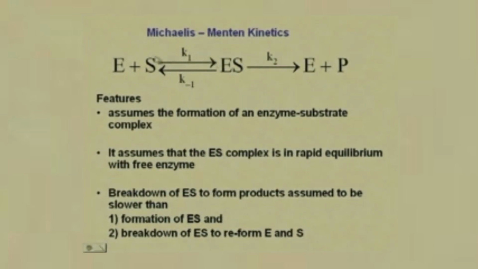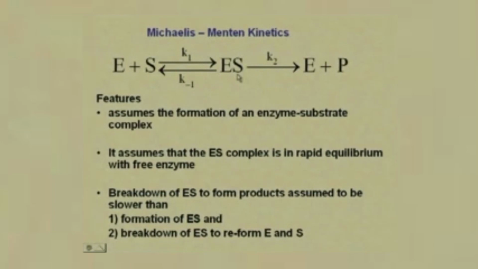So we have a rapid equilibrium here, that is the pre-equilibrium step, and the breakdown of the enzyme substrate complex to form the products is slower than the formation of ES. So if this reaction is slow, what does this make this? This makes it the rate limiting step of the reaction.